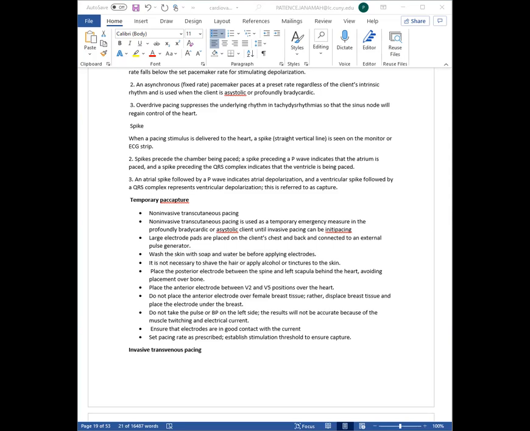So that is it about the temporal pacemaker. So you do need to wash the area, but you don't need to worry about shaving the area. So you place the anterior electrodes between V2 and V5. This one is the EKG.